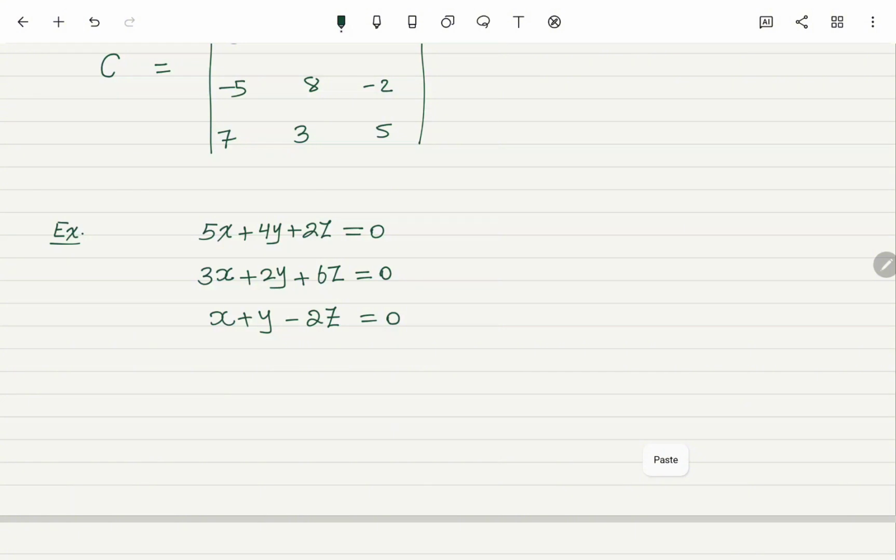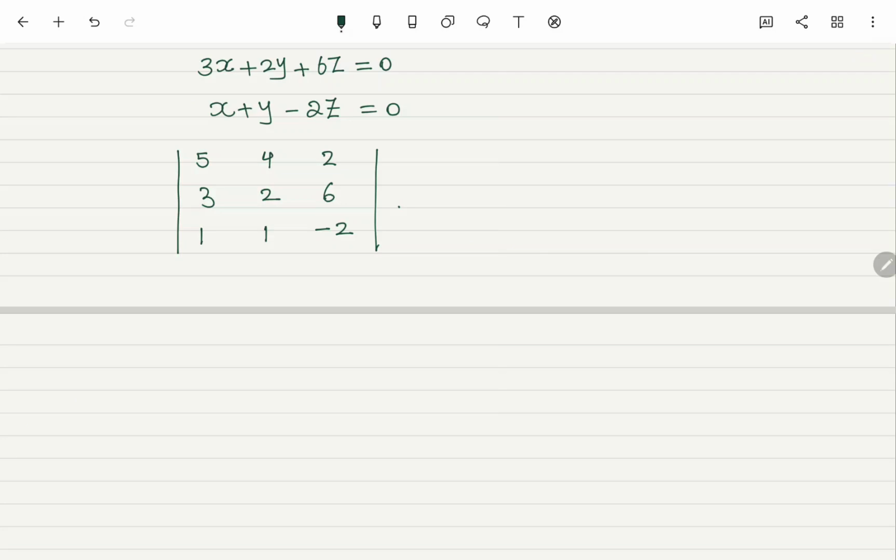Now, to do this, let's create the determinant of coefficients, which is equal to 5, 4, 2, 3, 2, 6, 1, 1, minus 2. Now, let's calculate the value of this determinant.